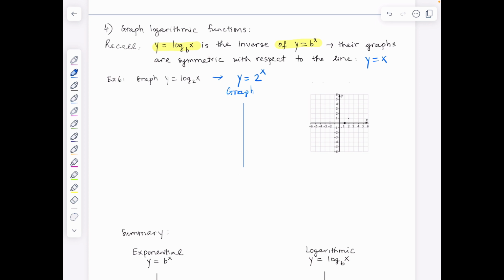We are going to create a table, come up with some x values, and then calculate the y values. Let x be negative 2, negative 1, 0, 1, and 2. If x is negative 2, then 2 to the negative 2 gives you 1 over 2 squared, which is 1/4.